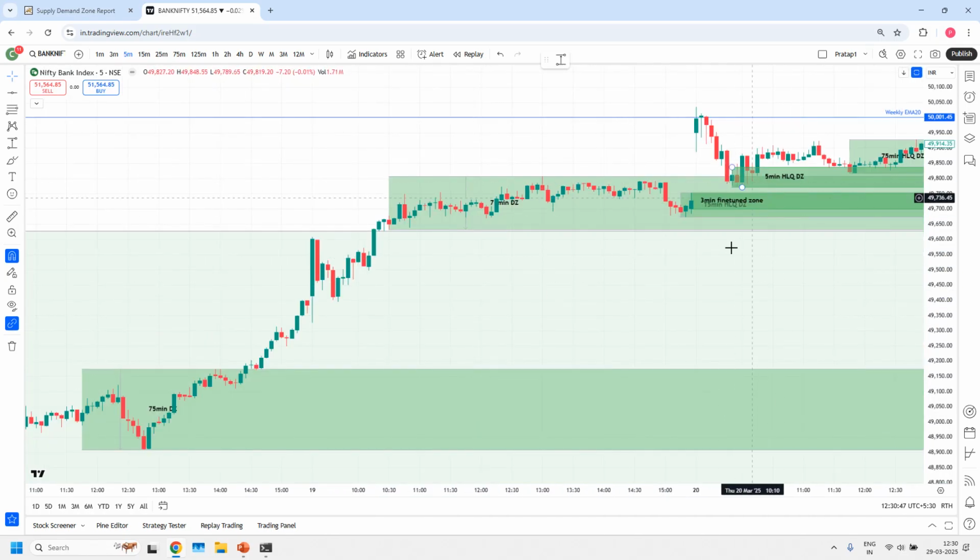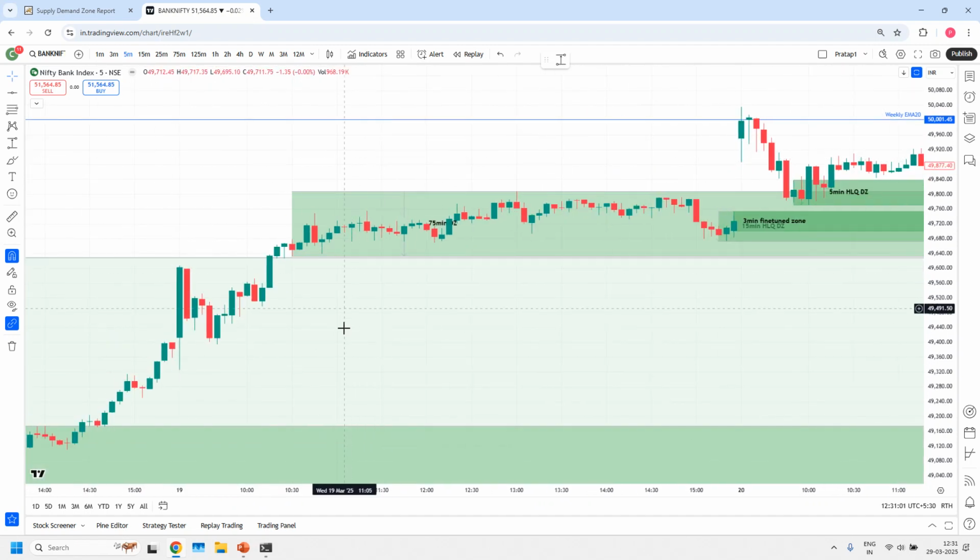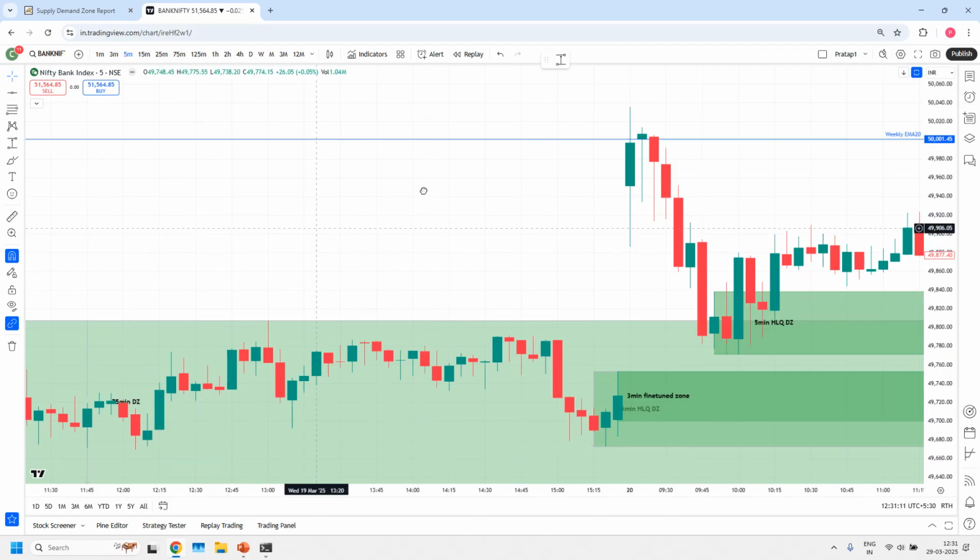And these 5 minutes high liquidity zones will help you get more success in our intraday trades compared to the normal demand zones. Of course, fine-tuned 5 minutes demand zones again give you good profits. Even the normal zone, if it is a fine-tuned 5-minute zone inside any 15 minutes, 75 minutes or 25 minutes high liquidity zone, will help you in giving better trades.